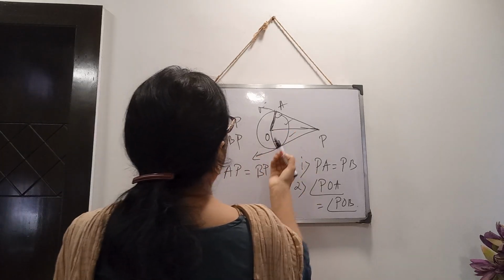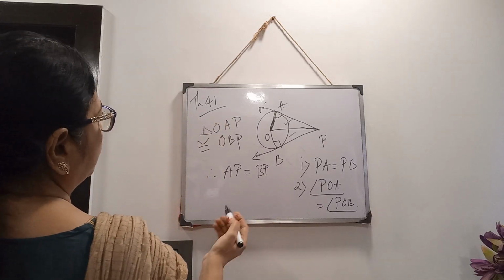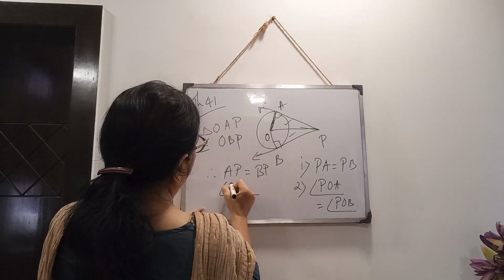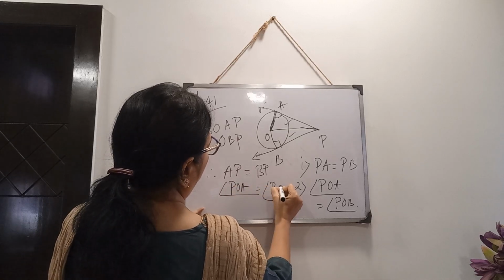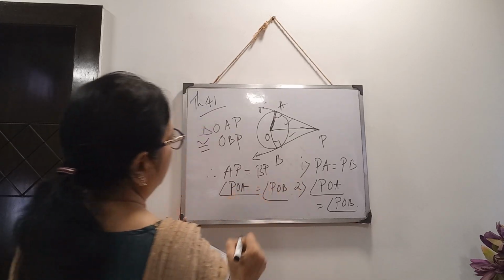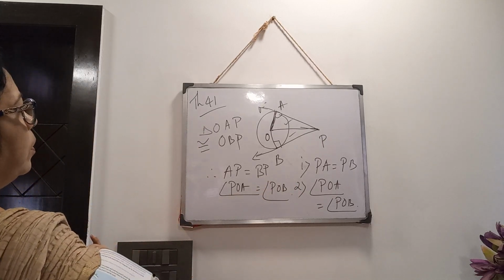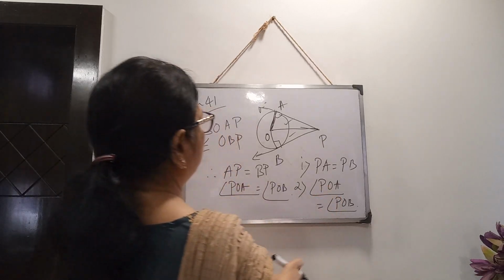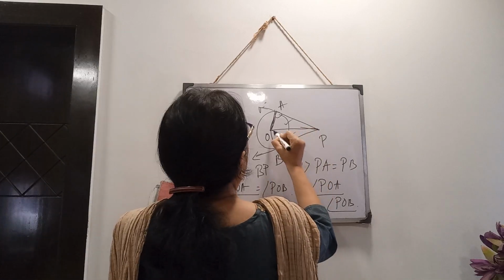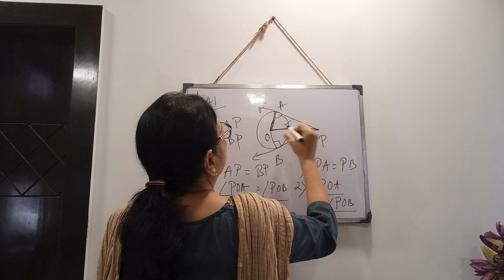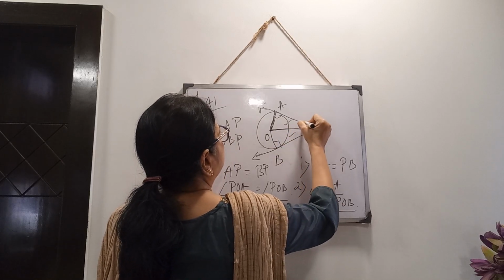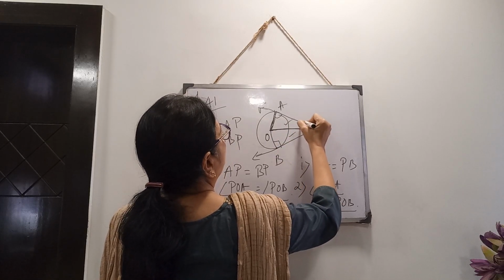And second one also, corresponding angles of congruent triangles are equal. So we can write POA equals POB. Clear? And from here also another important point is that corresponding angles, this and this, will be equal.